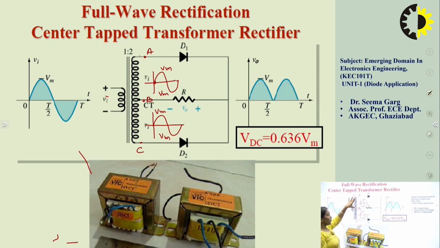So across both secondary half windings, we have the same signal, which is the step down voltage of whatever input signal we are applying.